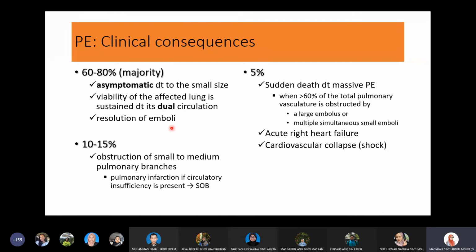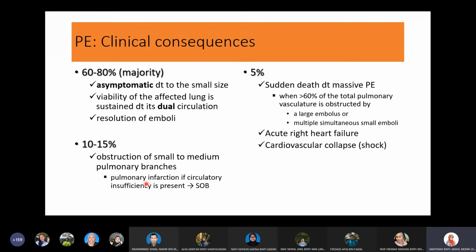In 10 to 15% of cases, there can be obstruction of the small to medium pulmonary branches. In patients who have circulatory insufficiency, the patient can develop pulmonary infarction. That is the example I showed you in the morphology previously.